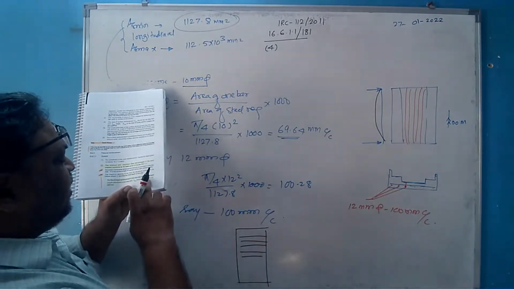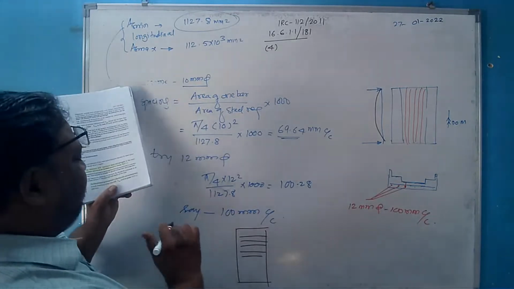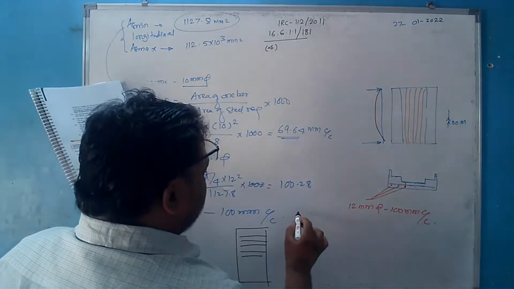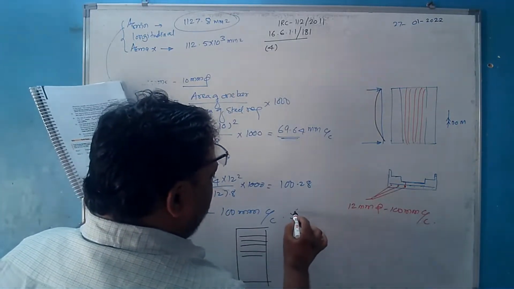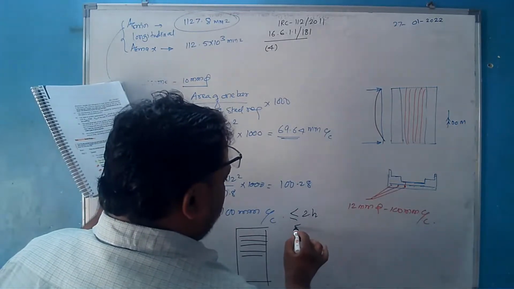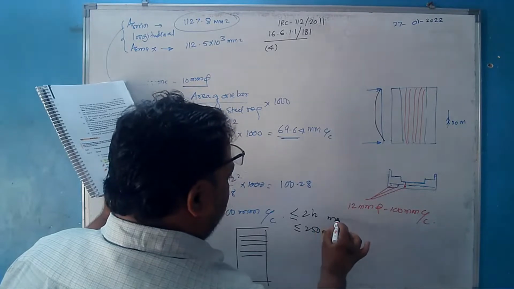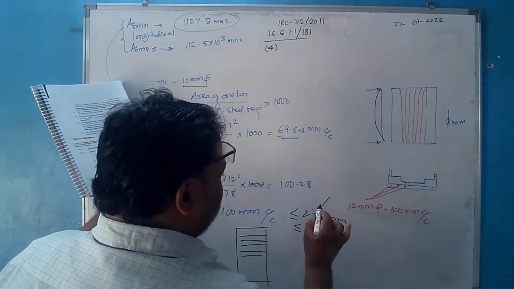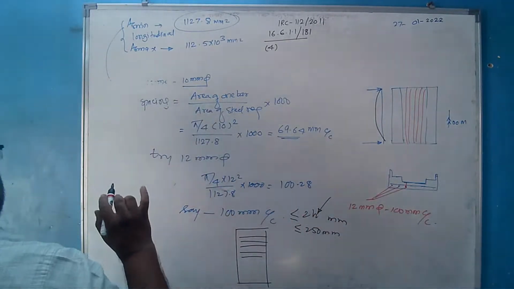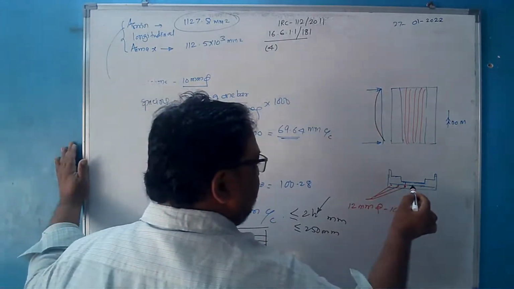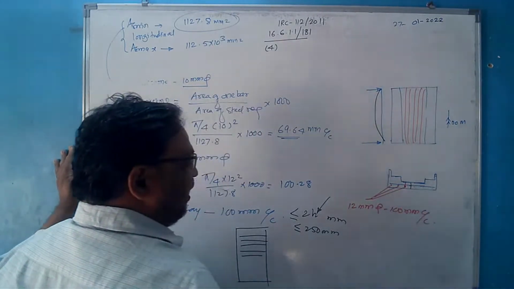S max shall be lesser of 2h or 250 mm. So this spacing must be less than or equal to 2h or 250 mm. These are the guidelines, where h is the overall depth of the slab. So how much is the overall depth of the slab? Here the depth was considered as equal to 450 mm.